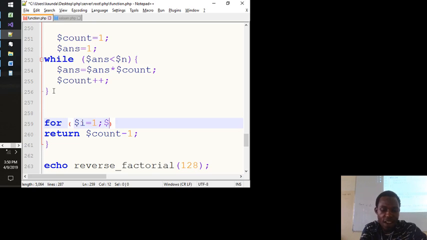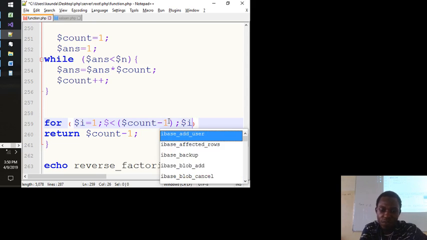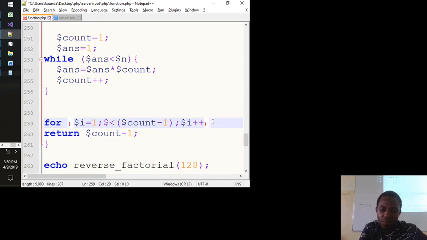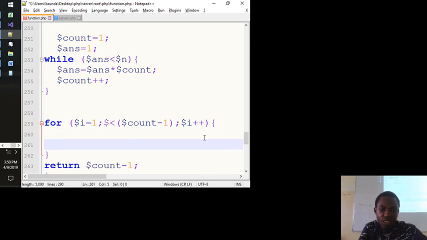And then we have I should be less than this. But you know this is already minus 1. So it should be less than this. Something like this. And then we have I plus plus. So if I do addition of this, that will give me the actual factorial.